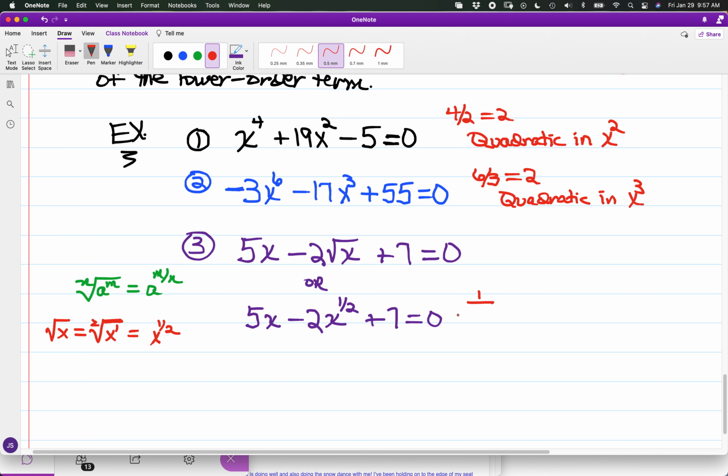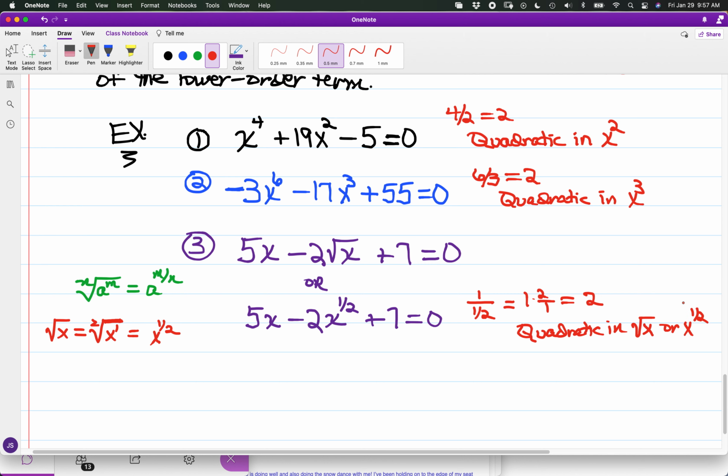And from the square root of x, I have the degree in x to be at 1/2. And 1 divided by 1/2 is 1 multiplying the reciprocal of 1/2, so that is going to go to 2. And this equation, we can say is going to be quadratic in the square root of x, or quadratic in x to the 1/2.